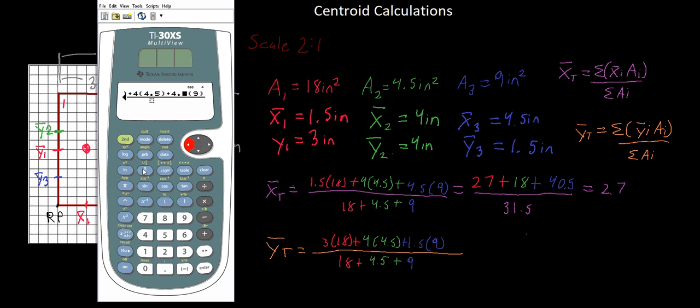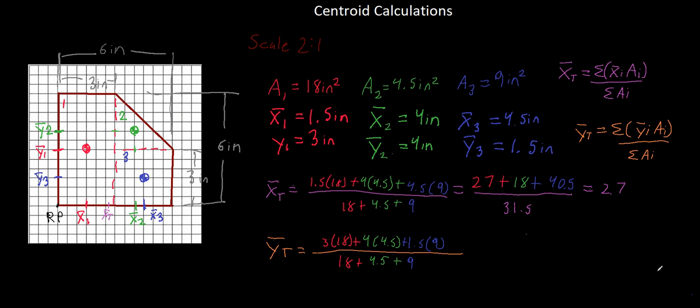I'm copying down the wrong formula. I want this formula right here. It's 4 times 4.5 and 3 times 18, yes. So we go down, and we can type it in on bottom, the same thing, 18 plus 4.5, let's go back, plus 9. Now let's see what we get. And we get the exact same answer, because of course we do, because this thing is symmetrical. So let's go ahead and write that equals, let's do this in the right color here, equals 2.7.